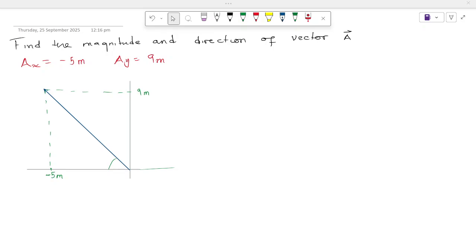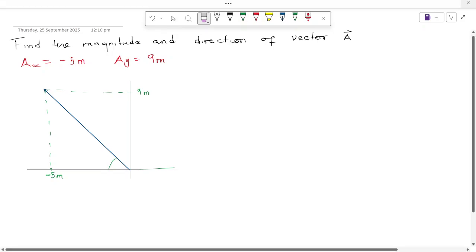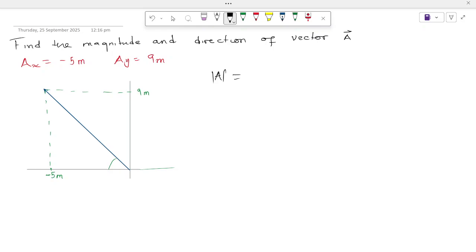Okay, so how do we find the magnitude using simple trigonometry? Now we know how to find the hypotenuse of any given triangle. We can say A, symbolizing the magnitude, will be equal to the square root of the x component squared plus the y component squared.